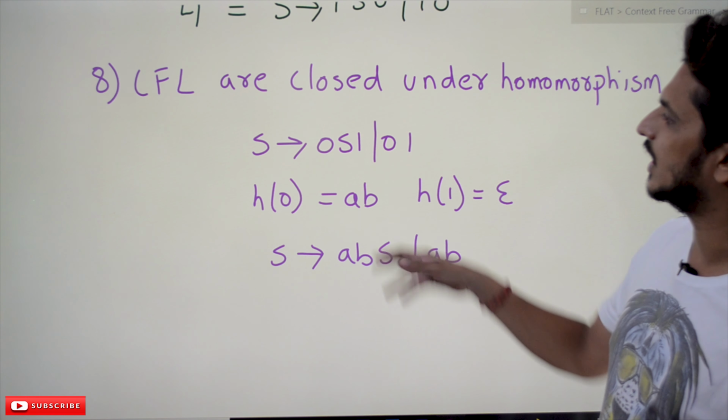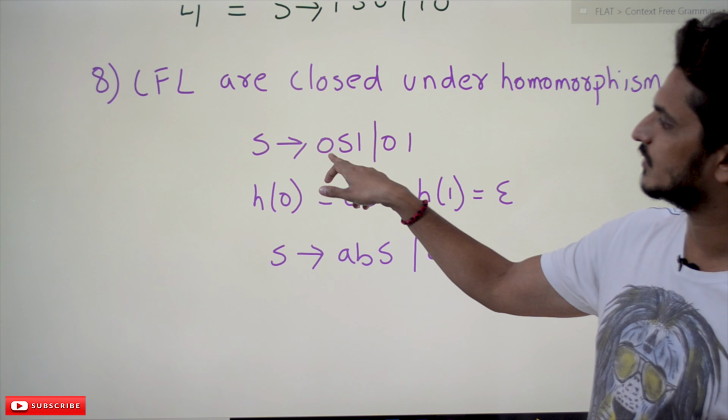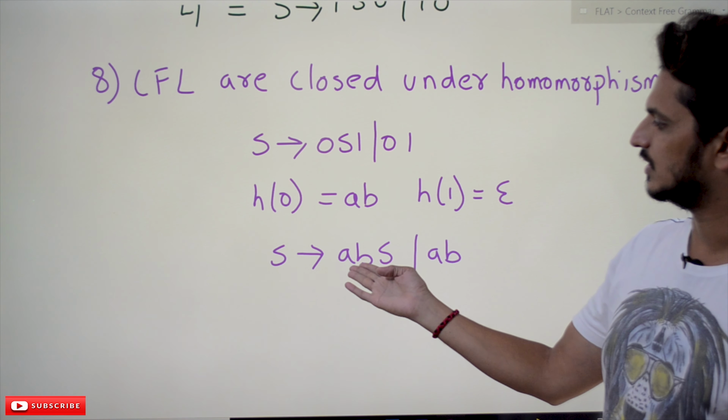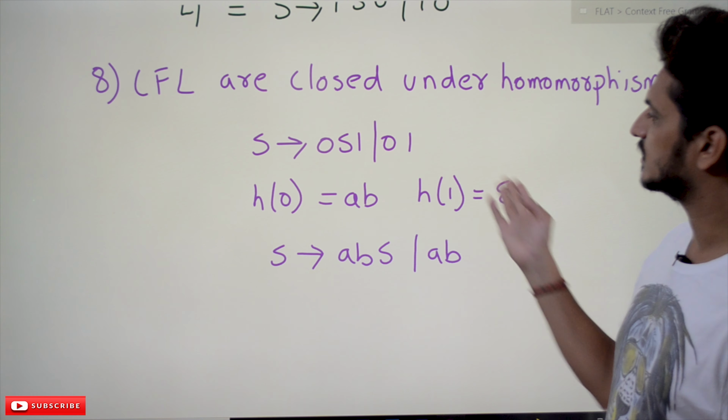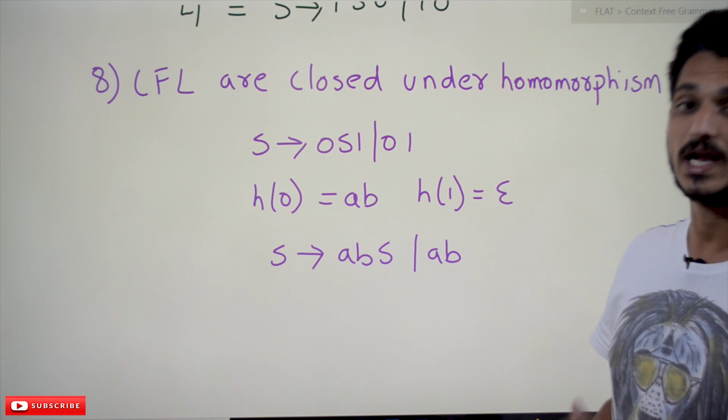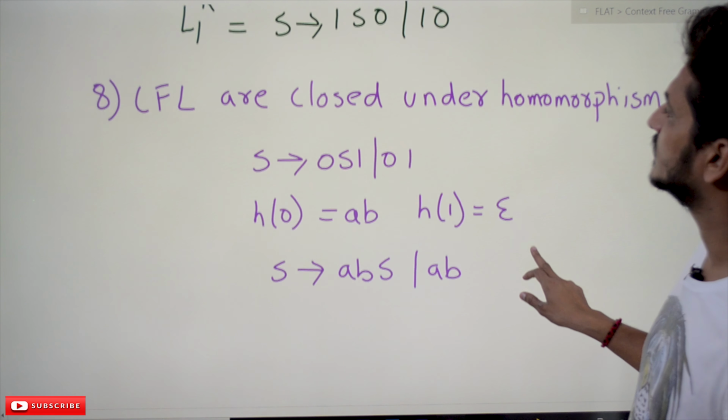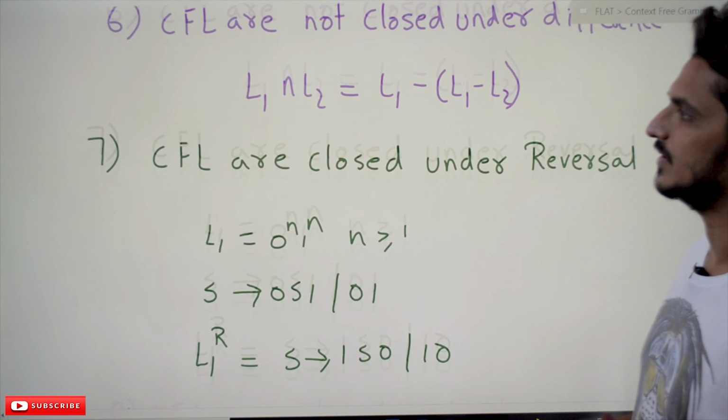How do you get that? In place of these productions, wherever you have 0, substitute ab. These are the productions that produce the same language with the substituted strings. So that's why context-free languages are closed under homomorphism.